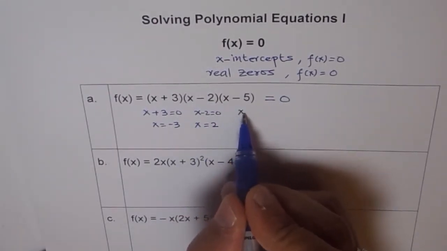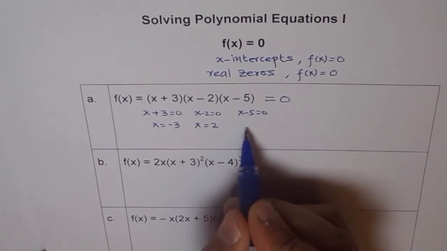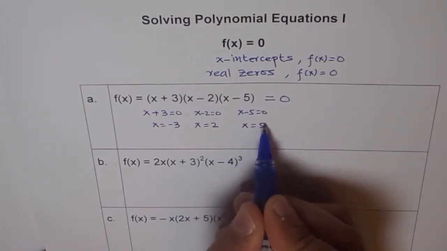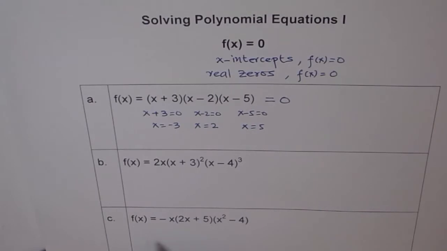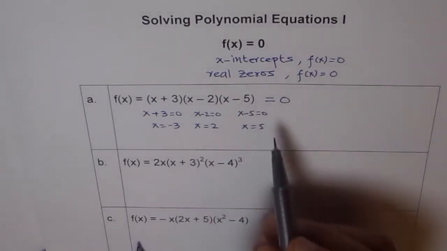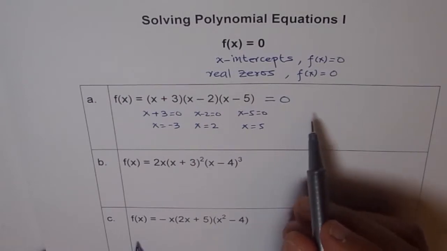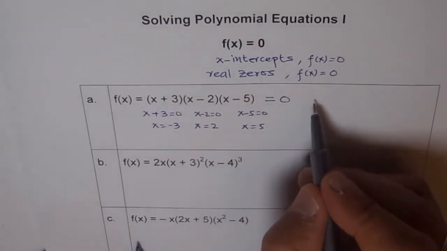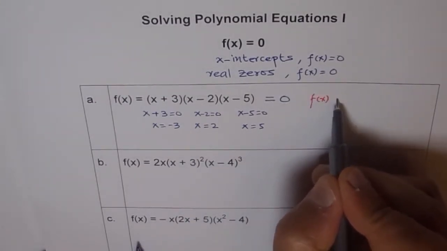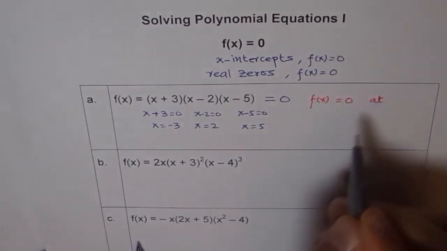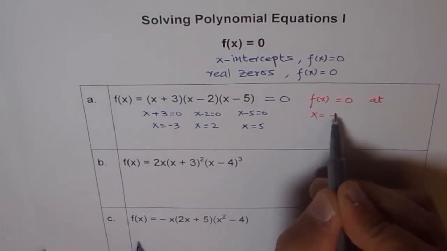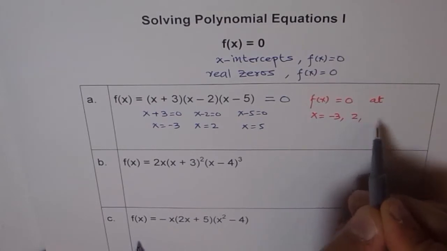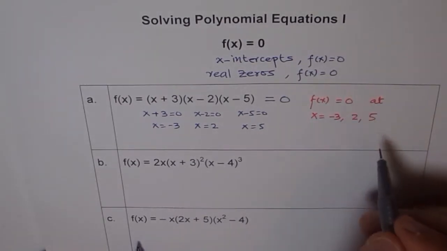Here I can say x minus 5 equals 0. Then I get x equals 5. So what are my solutions? So therefore, my answer here is f of x equals 0 at x equals minus 3, 2 or 5. Do you understand? That's my answer.